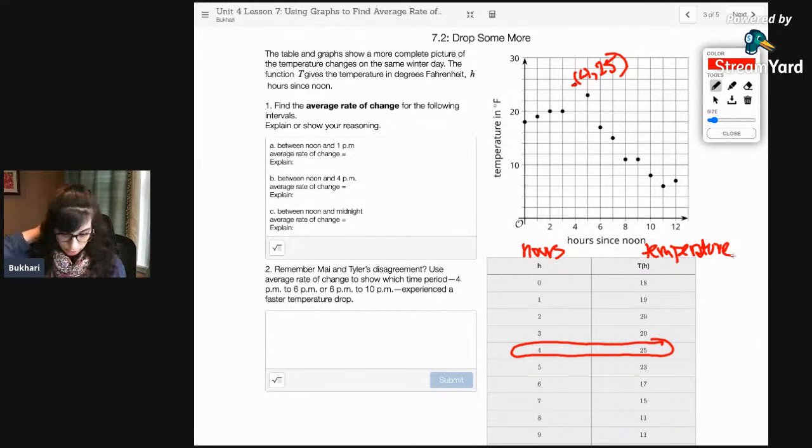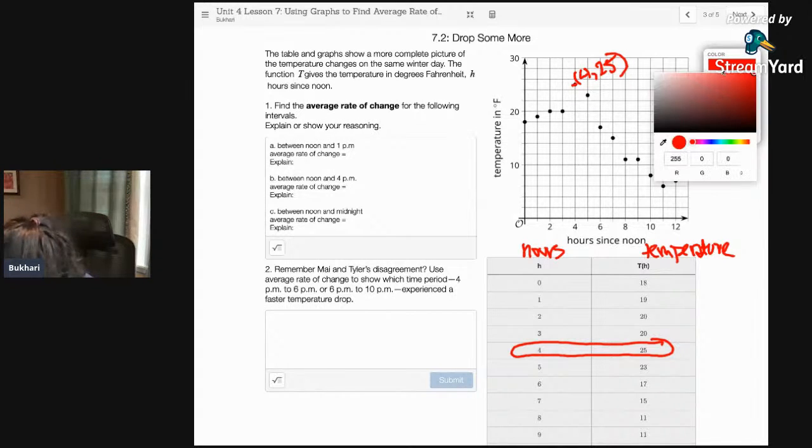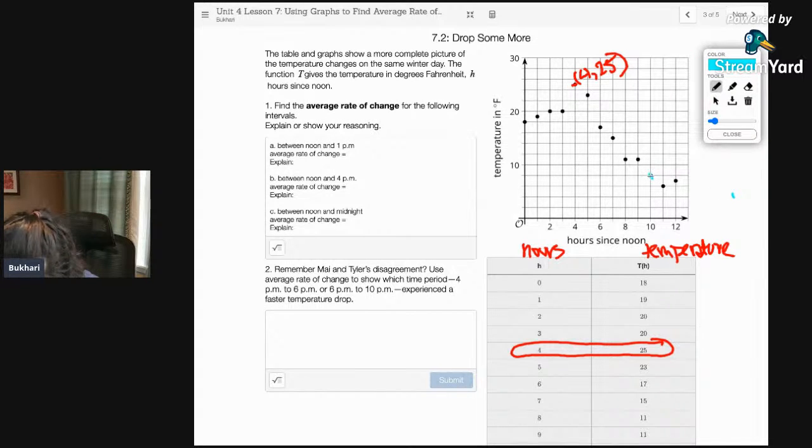And so if I'm looking at the relationship between 4 and 25, I can also look at my relationship between, let's see, this point is 10 hours since noon, which is 10 p.m. And at 10 p.m., I have a temperature of 8 degrees.